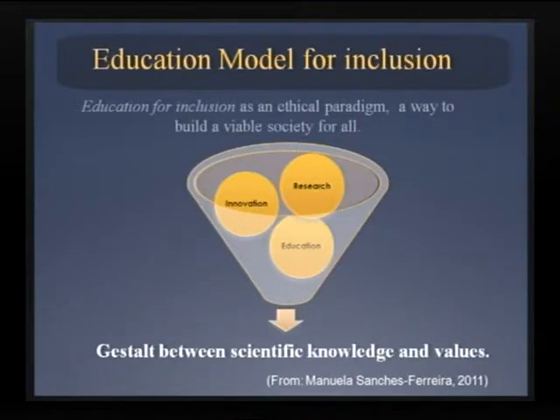Then, considering the education sphere as a mediator between research and innovation dimensions and real practice outputs, we should think of education for inclusion as a gestalt between scientific knowledge and values.